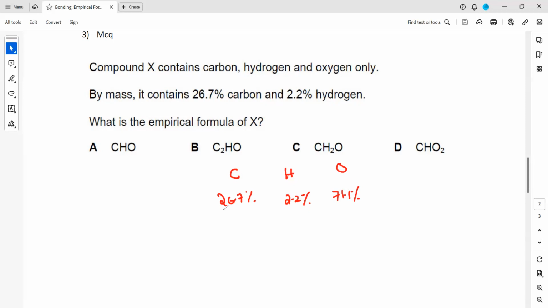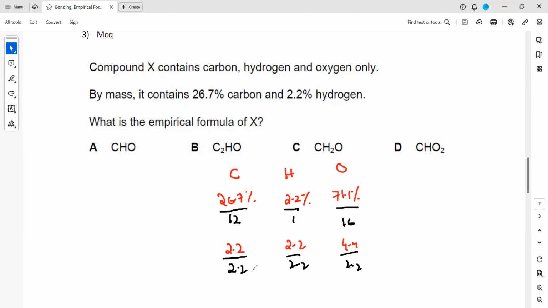Then we divide by atomic mass. The atomic mass of carbon is 12, hydrogen is 1, and oxygen is 16. 26.7 divided by 12 is 2.2, the hydrogen is 2.2, and 71.1 divided by 16 is 4.4. In the second step, we divide by the smallest value, 2.2.